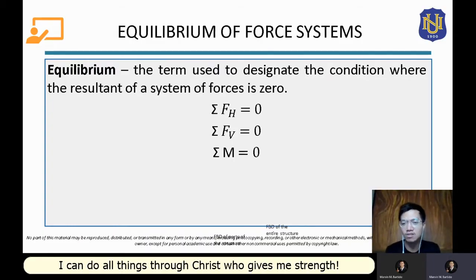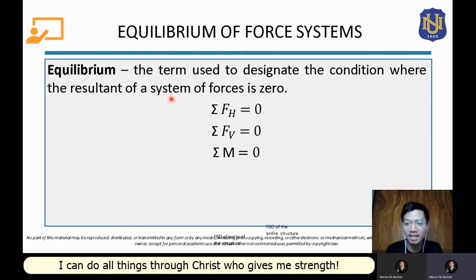We have discussed in our previous topics a special case wherein the resultant is zero but there is a couple. But in this topic, the resultant will be zero, and at the same time the resulting moment will also be zero. So these three equations, we are going to use.